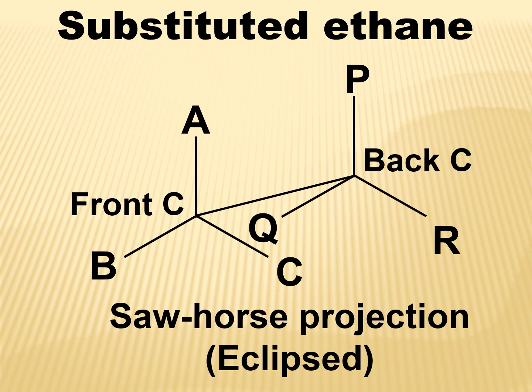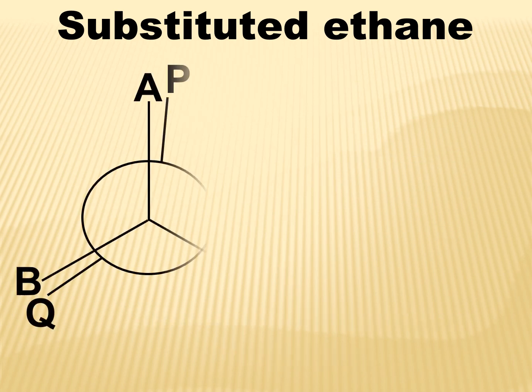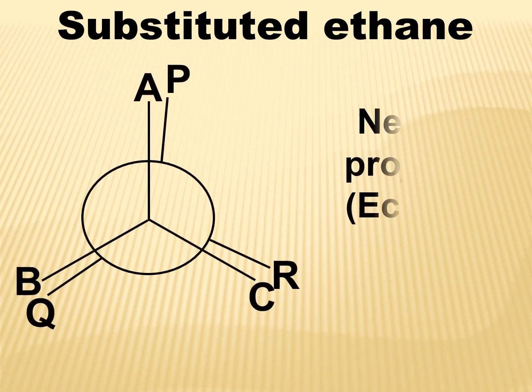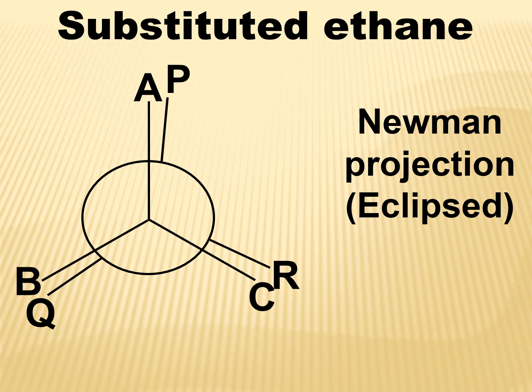Now the same Sawhorse, you can convert it into another form which is a little easier and more used, and that is the Newman projection. So this is the Newman projection of the eclipsed form. See here, this represents the front carbon and this circle represents the back carbon.